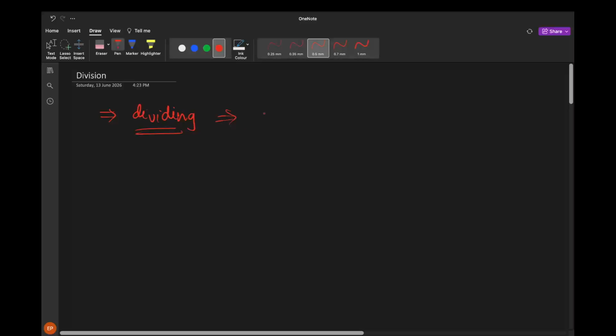Dividing means, let me take an example, 12 divided by 3. What does it mean? 12 divided by 3 means I am trying to divide 12 among 3 groups. Suppose there are 12 rupees and I am dividing 12 rupees among 3 members: first person, second person, third person.